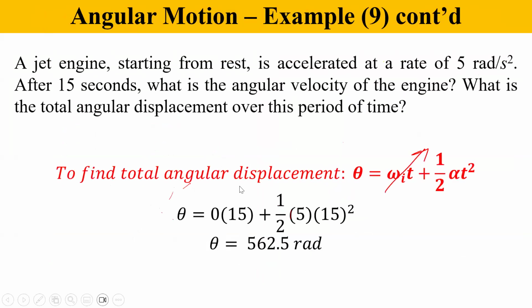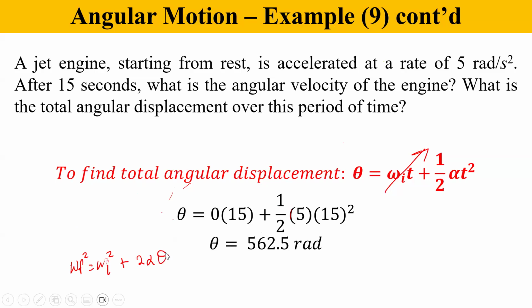All right, where's it again? Your choice. You could simply use that one. What was that one again? Let's see if we rewrite that one. So that was omega f squared equals omega i squared plus 2 times alpha times theta.